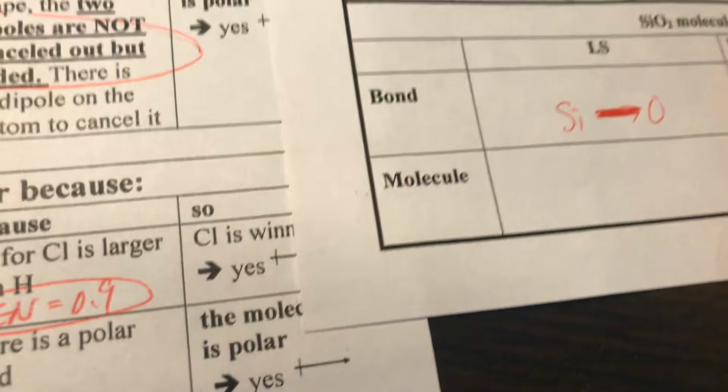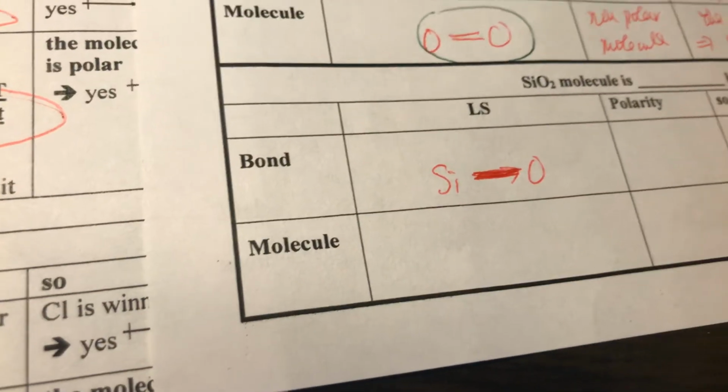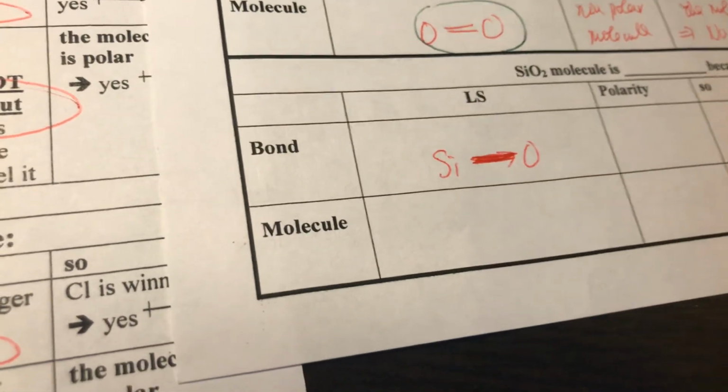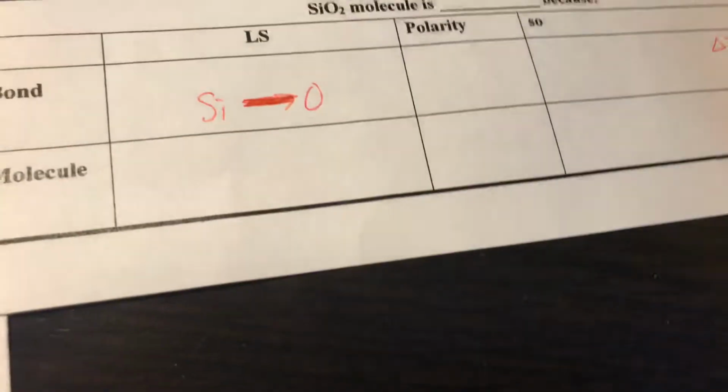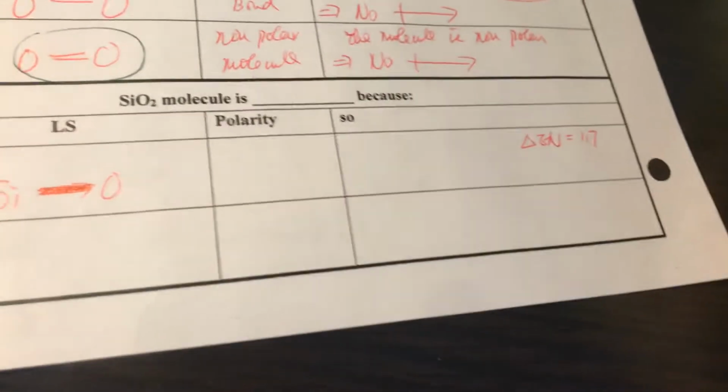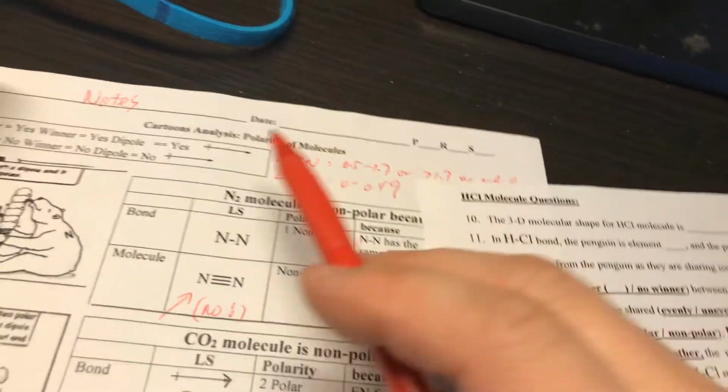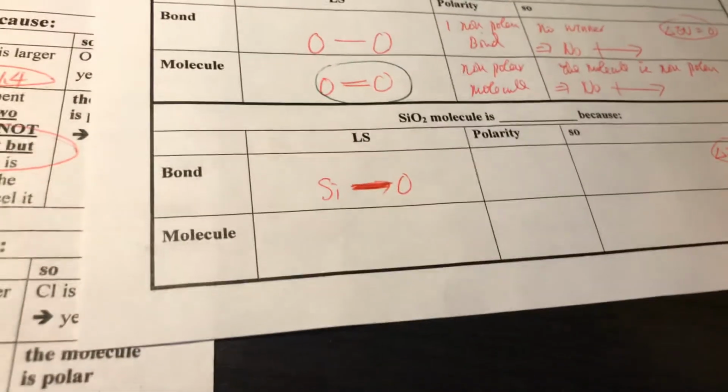It's a single bond here, Si and O. And then if you check the delta EN between Si and O, it is 1.7. I don't have any metal. So that means I do have to draw a dipole. So the dipole will go from the Si to O because O has a bigger number.